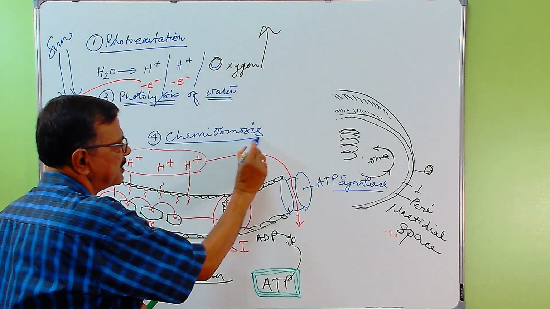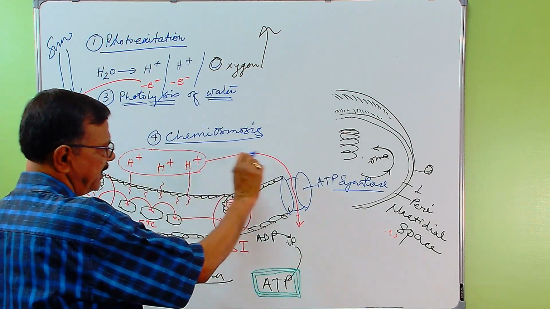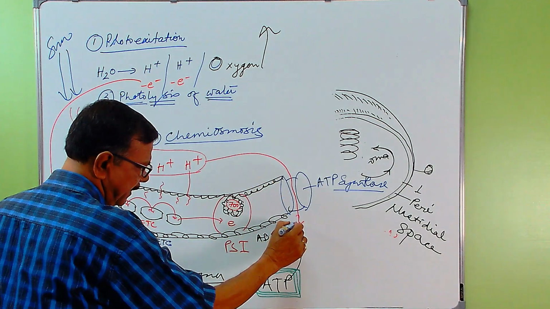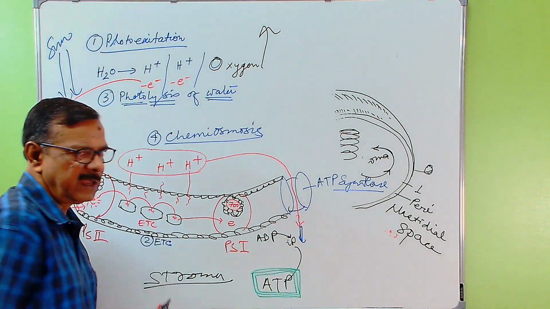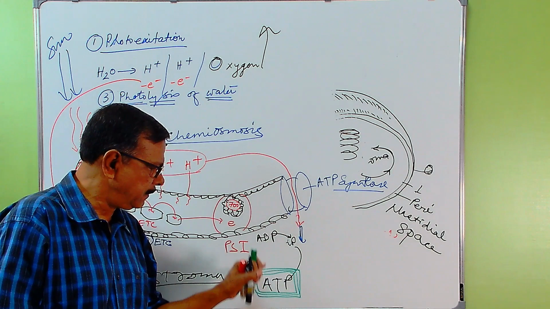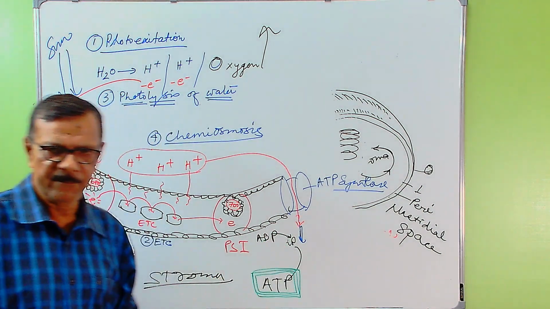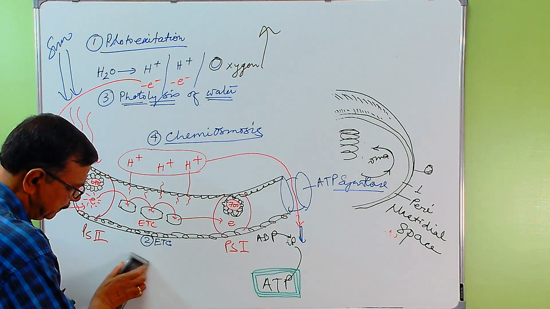Through a process known as chemiosmosis, the proton gradient is decreased, and the protons pass onto the stroma. While these protons are passed to the stroma, it releases energy. That energy is capable enough to produce ATP by adding one inorganic phosphate. So ATP has been produced.